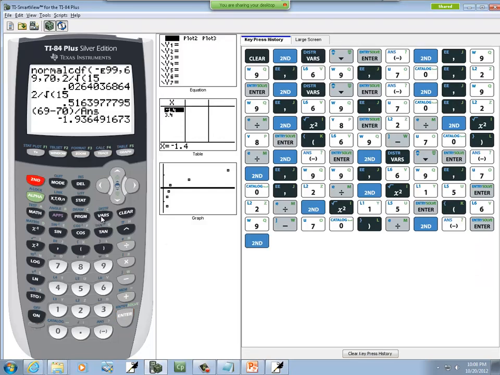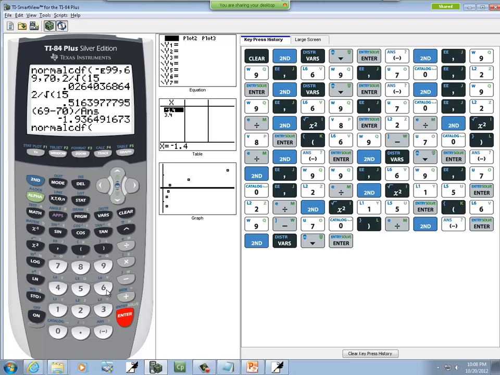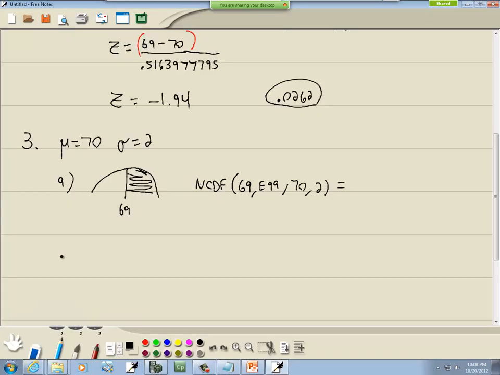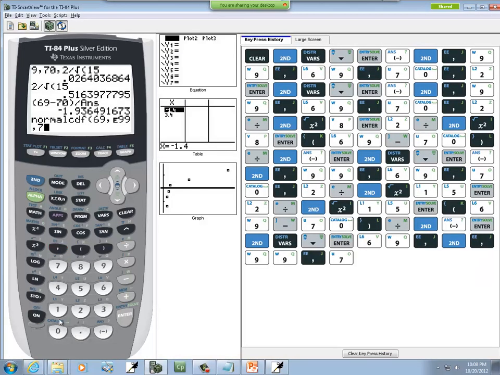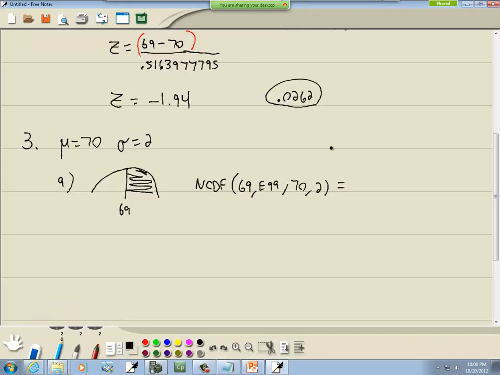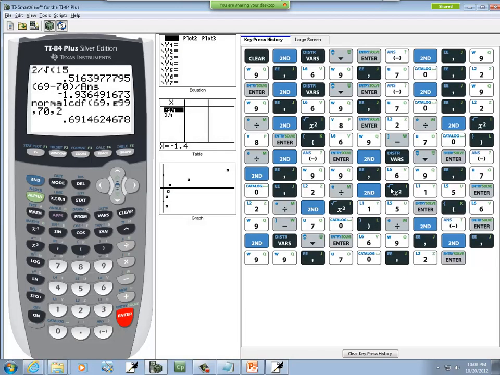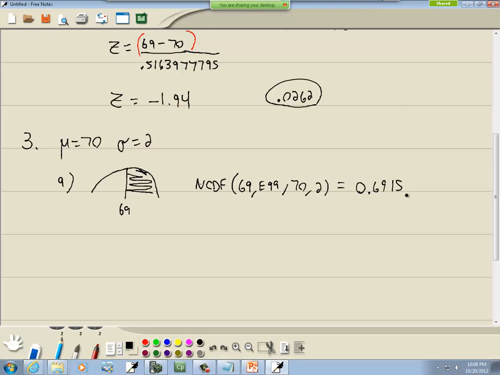Second vars, normal CDF, 69, comma, second comma, 99, comma, 70, comma 2, and enter. And we get 0.6915. Like that. Okay, that's via the calculator.